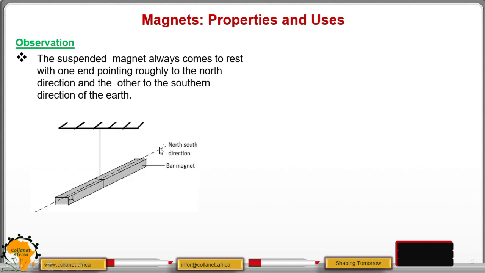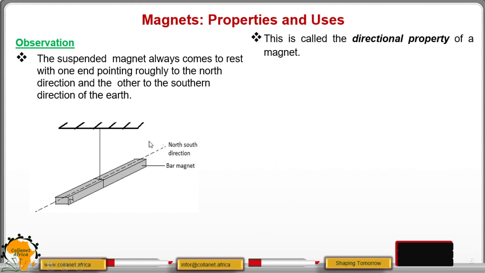One end is pointing roughly geographical north, and the other end is pointing south, and this is a bar magnet. Remember, you have disturbed this bar magnet and you have given it time to come to rest. So when it comes to rest, it is pointing in the north-south direction.